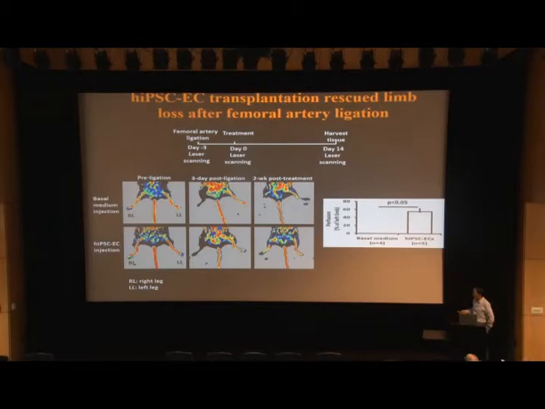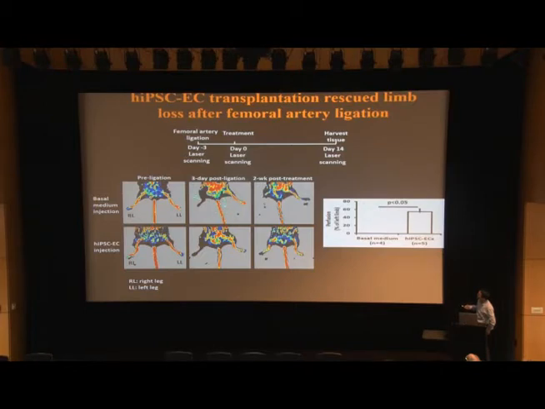Then we also wanted to determine whether these endothelial cells have biological function in vivo. So we developed a mouse model of ischemic limb disease. As shown here, 3 days before ligation, we perform laser scanning to visualize the perfusion in both legs. Then 3 days after ligation, we again do the laser scanning to see that the perfusion was totally blocked.